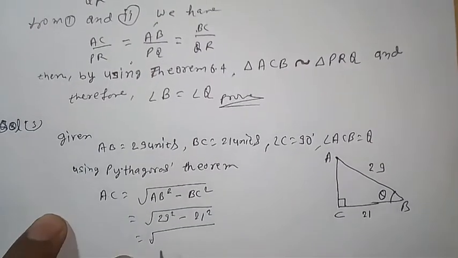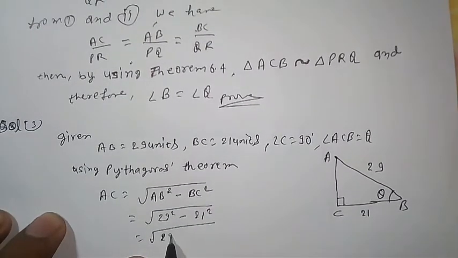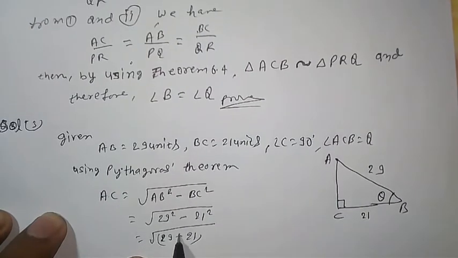I can write a square minus b square is equal to (a plus b) into (a minus b).